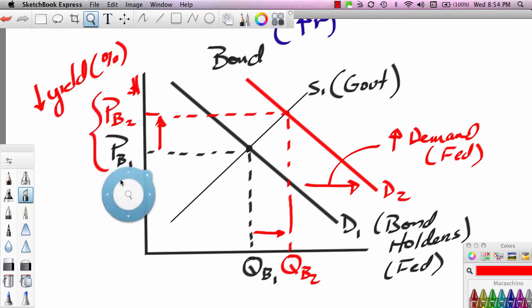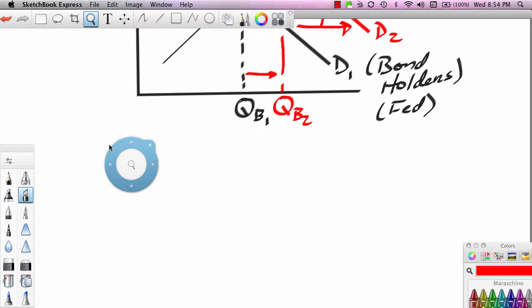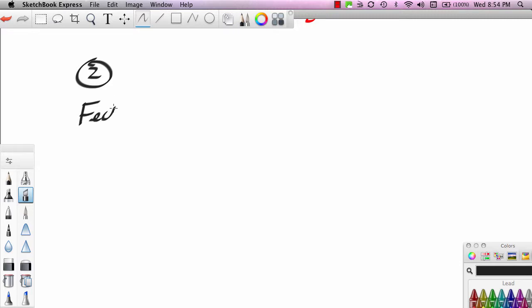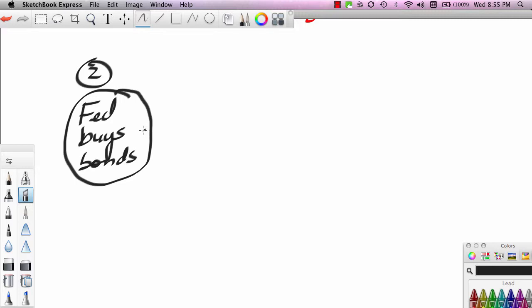Okay, let's go ahead and look at the second possible way that the Fed affects interest rates. So I'm going to label this number 2. There are 2 pieces to this. When the Fed buys bonds, that's going to increase the supply of loanable funds.